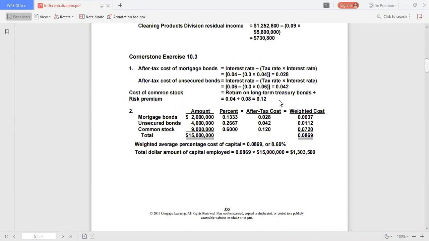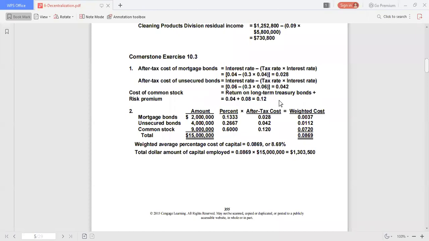So we have the interest rate given at 4%, and you multiply 30% times 4%. So actually your 30%, that's the tax rate, and the interest rate is 4%.